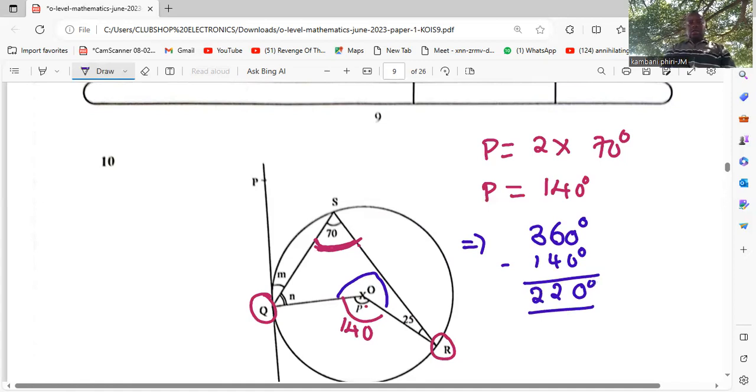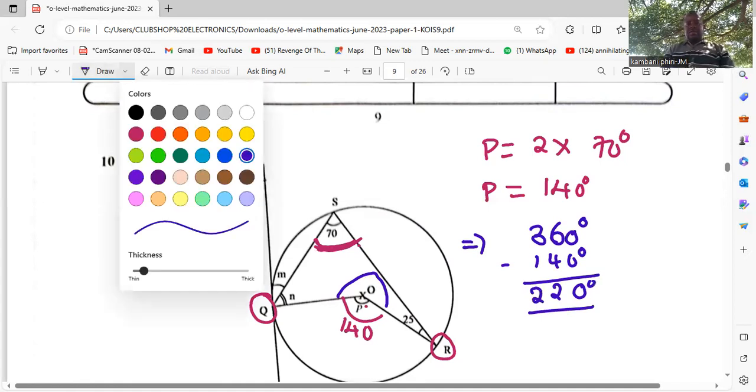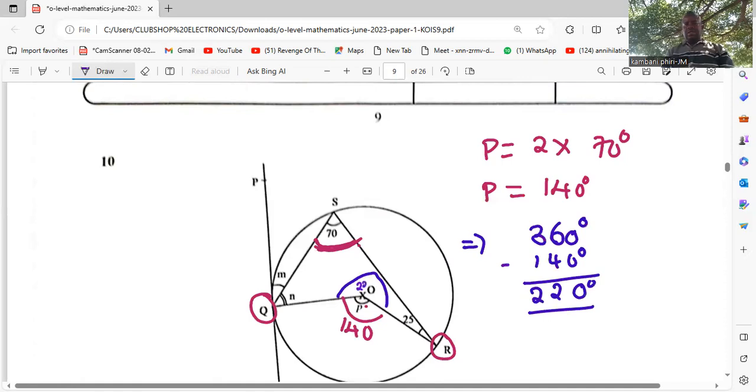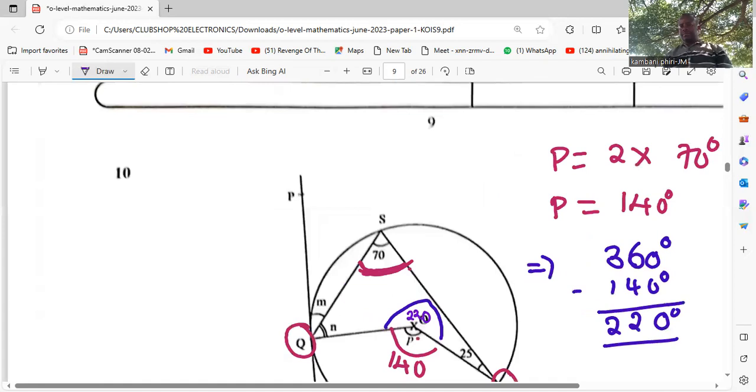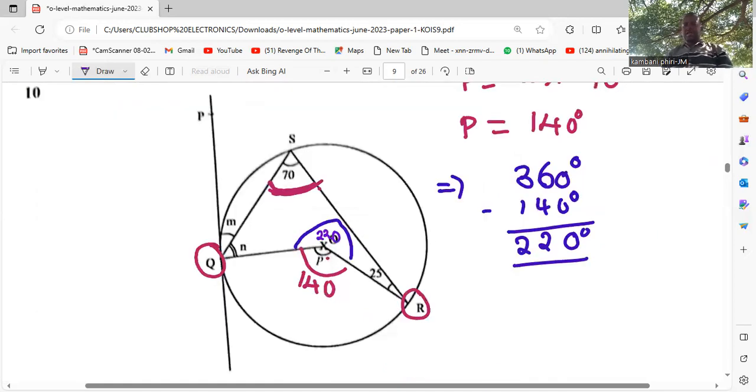So this simply means this is 220 degrees. That is 220 degrees. So now we have 220, 25, 70, and N.